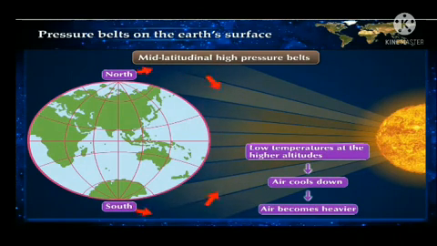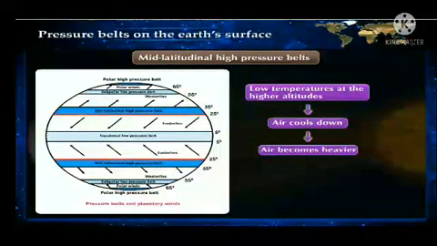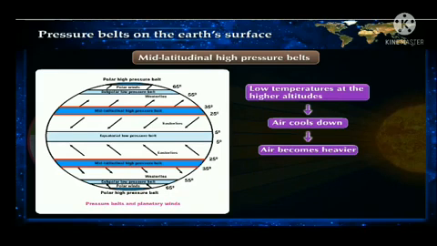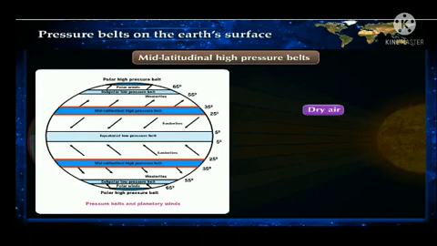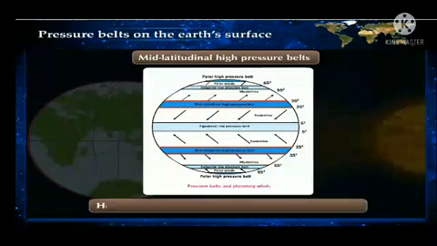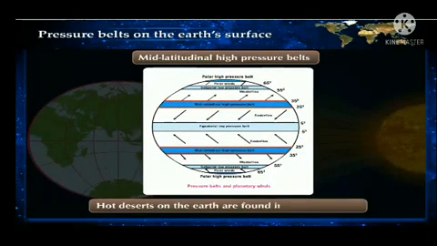This heavier air descends down in both the hemispheres in the region between 25 degree to 35 degree parallels. This leads to the formation of high pressure belts in these parallels of latitude in both the hemispheres. This air is dry, hence this region doesn't get rainfall. Consequently, most of the hot deserts on the earth are found in these regions.